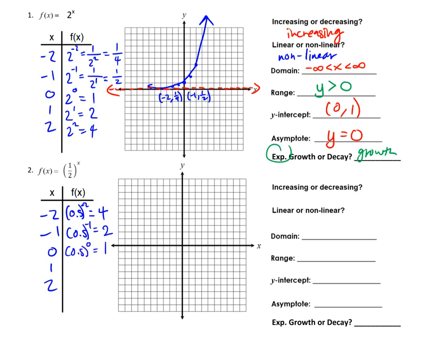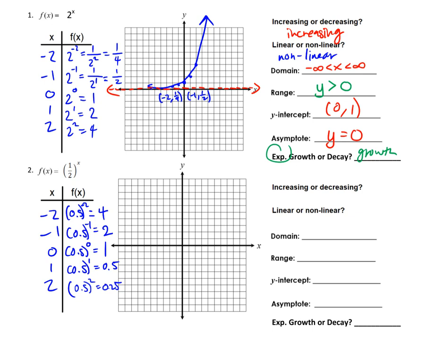Anything raised to the 0 power is 1. If I raise 0.5 to the first power, this is 0.5. And then this one as well. If you want to leave it as 1/2 raised to the second power, you can, and that's 1/4. Or just like I showed you earlier, you have 0.5 squared, and that's 0.25. Okay, so you can treat everything as fractions or decimals, whatever makes it easier for you.